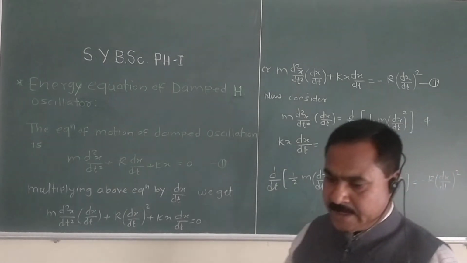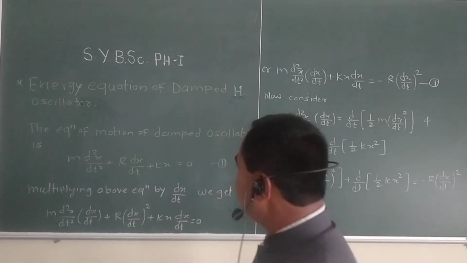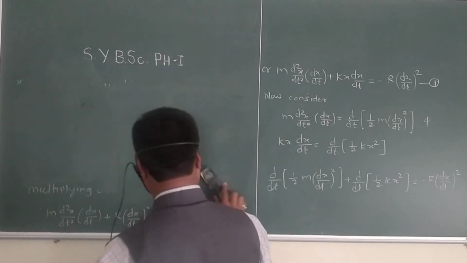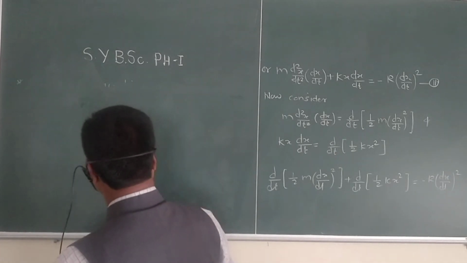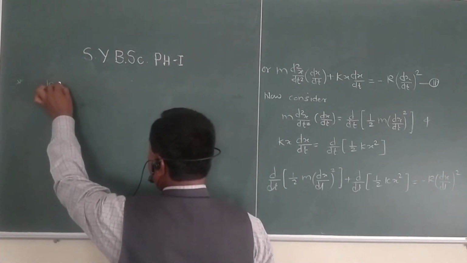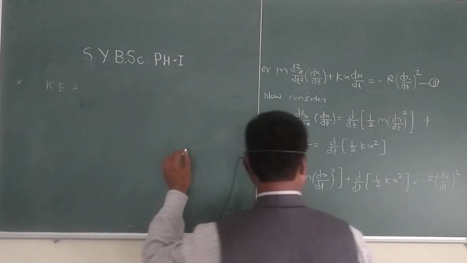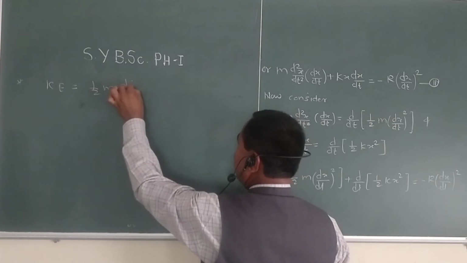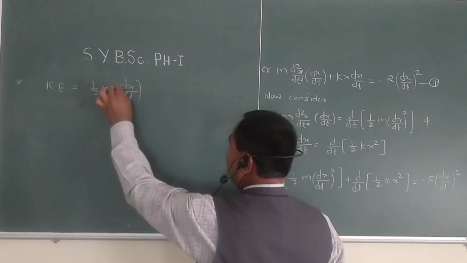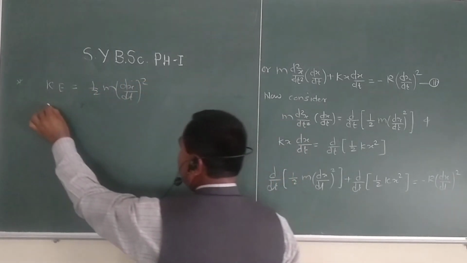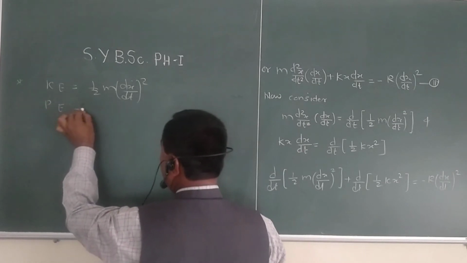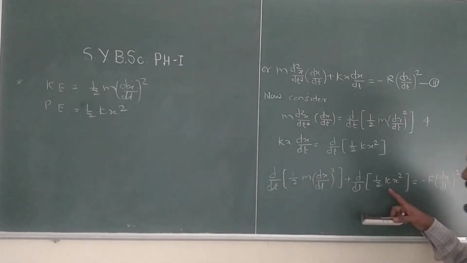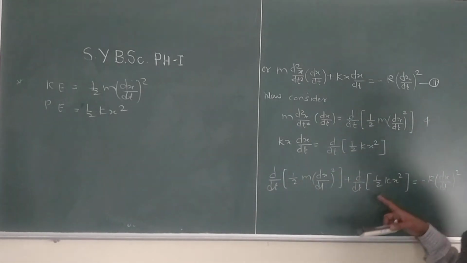Therefore, we write kinetic energy equal to half m (dx by dt) whole square and potential energy equal to half kx square.